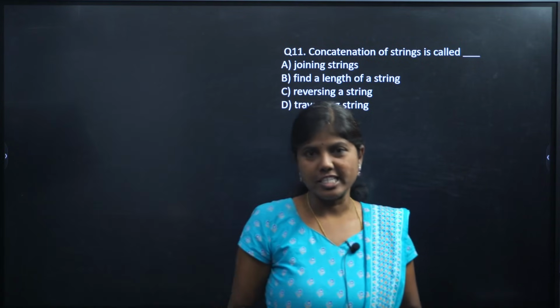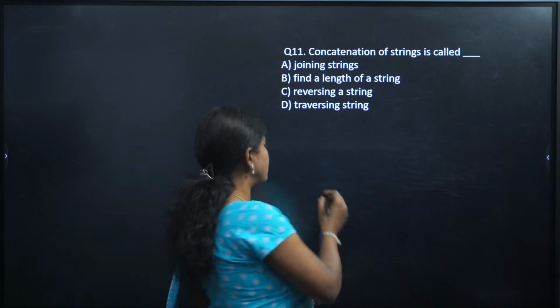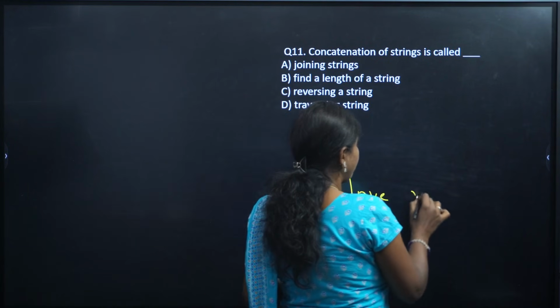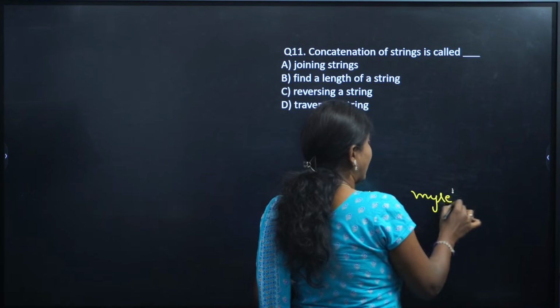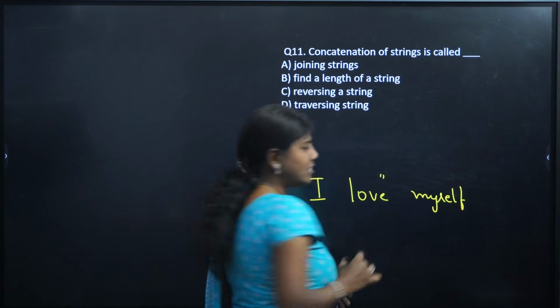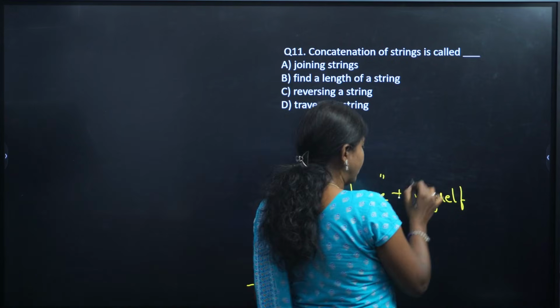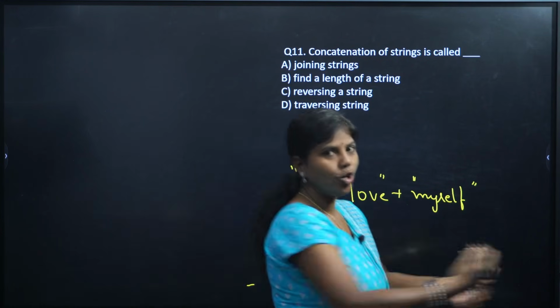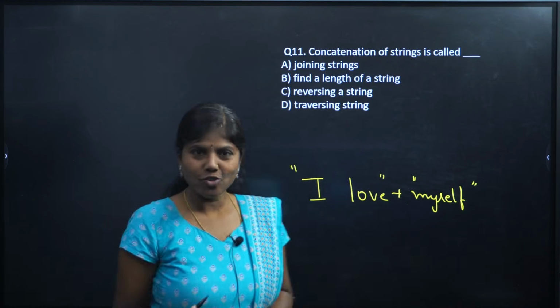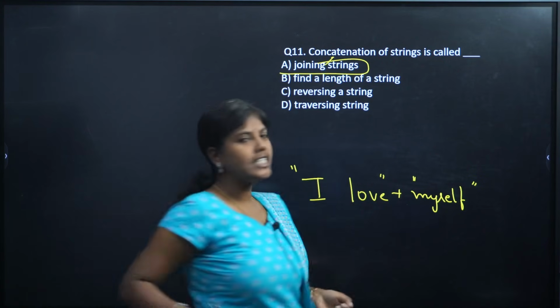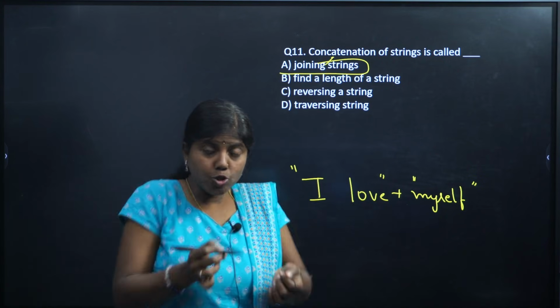Concatenation of strings. What is concatenation of strings? Let's consider "I love" as one statement, and "myself" in another statement. I have a string and another string, and I'm joining the strings. You know what this joining of strings is called? That's called concatenation: joining of two strings.